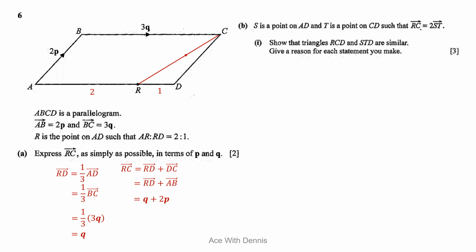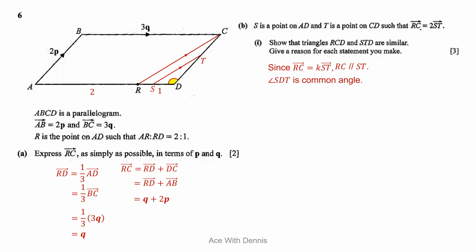Alright, to prove similar triangles, we need to use the AA similarity property. Since RC is in the form of k times ST, this means that RC is parallel to ST. So let's draw a parallel vector with vector RC here. This is point S, this is point T.